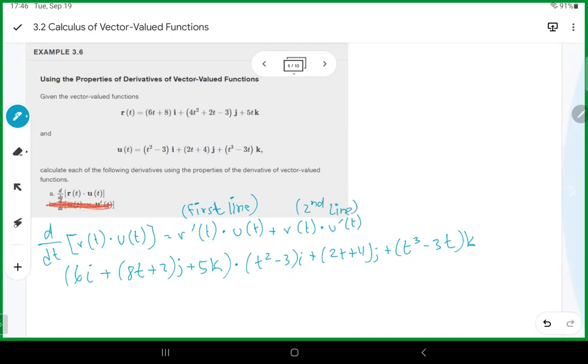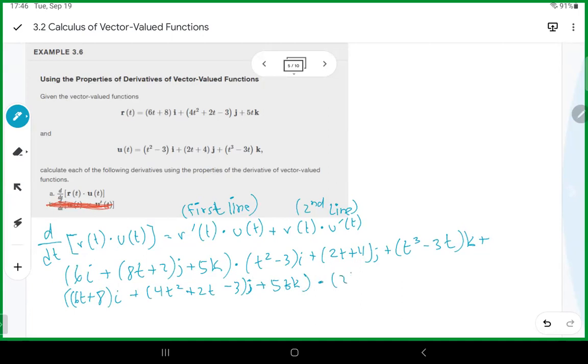Okay. So plus, and then we'll have 6t plus 8i plus 4t squared plus 2t minus 3j plus 5tk dot, and now we'll do the derivative of this one.